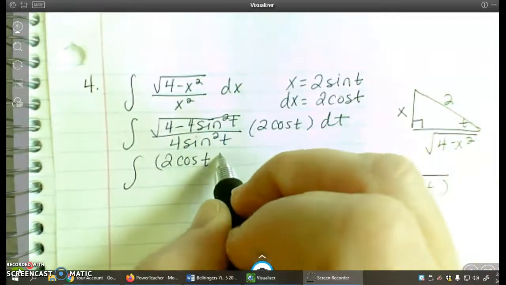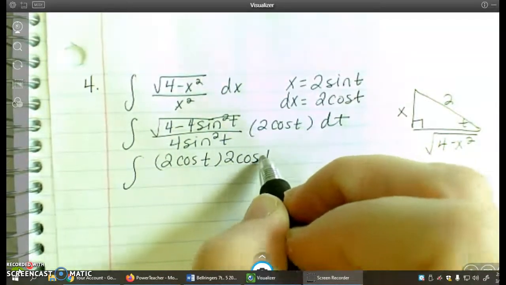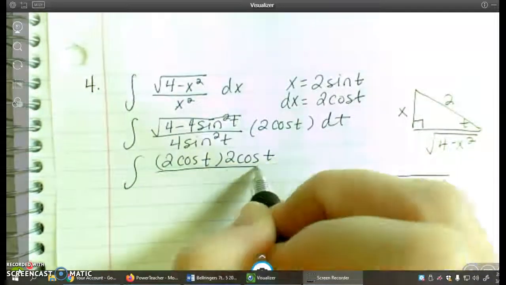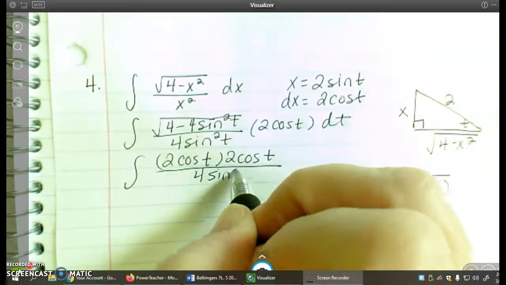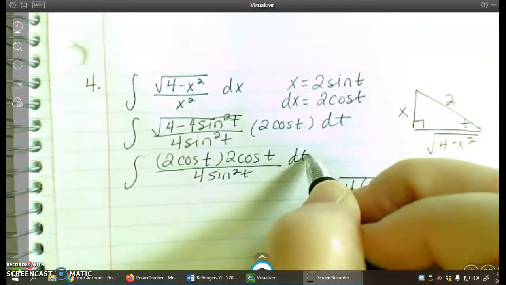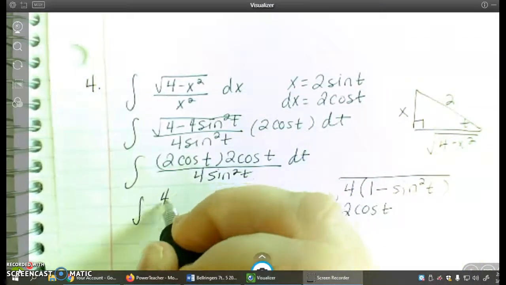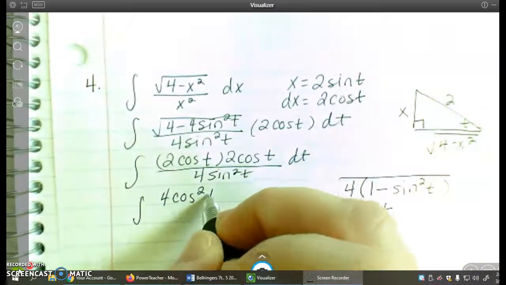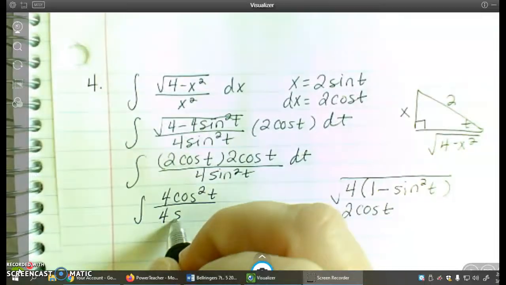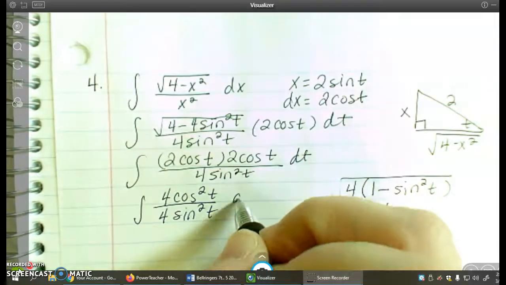And then we also have the other 2 cosine of t. And then we've got our 4 sine squared of t. So continuing to simplify, we have cosine squared of t over sine squared of t.